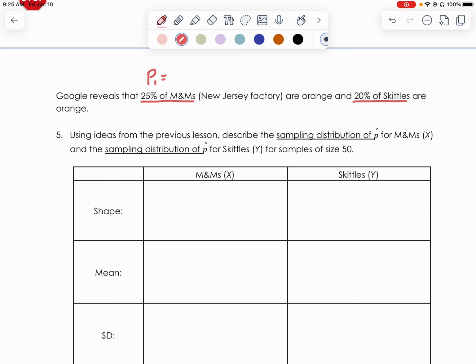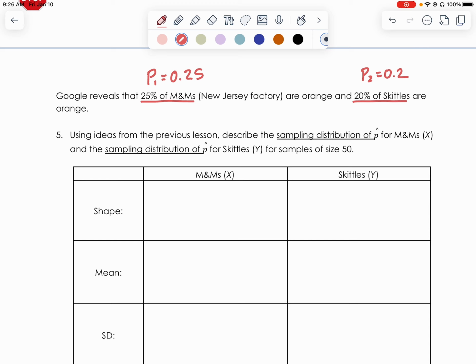So P1 equals 0.25. And then for Skittles, that was P2. So P2 equals 0.2.